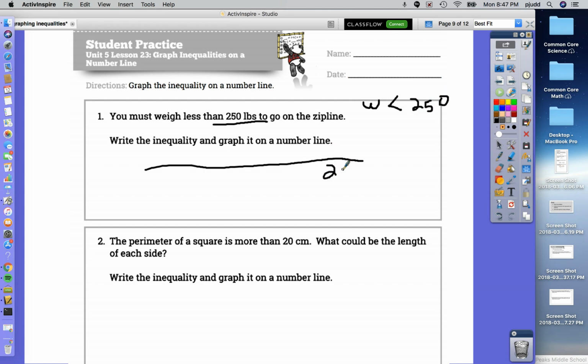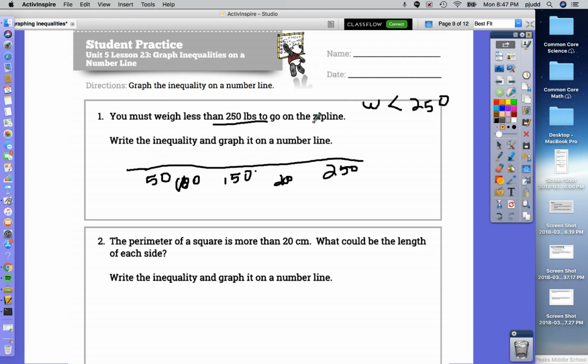And you're going to have 250, 200, 150, 100, 50. Okay, we're getting down into small children around here, so I'm not going to go much further than that.